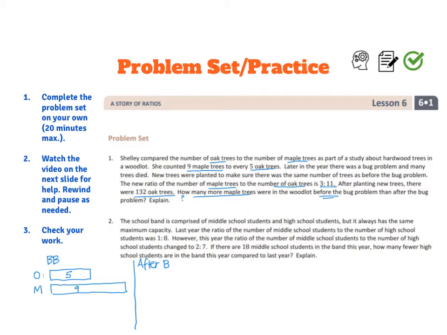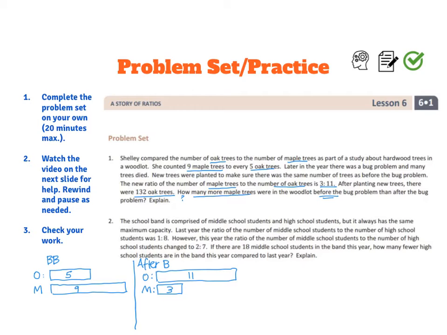I see I have maple and oak, so I reverse the order here, but I'll keep this as the O and the M. I want to make sure I draw what they're telling me. The oak is 11, and the maple is 3.